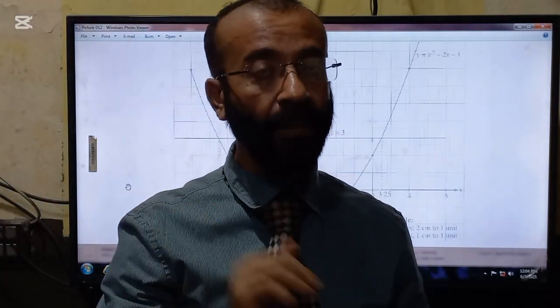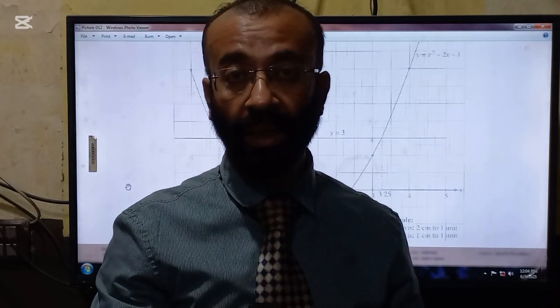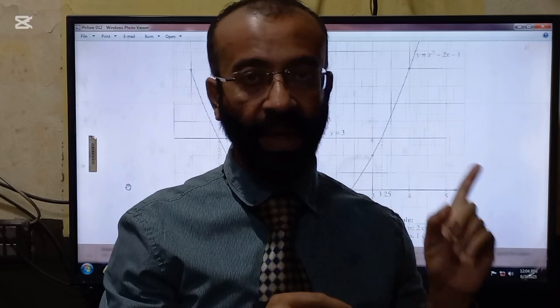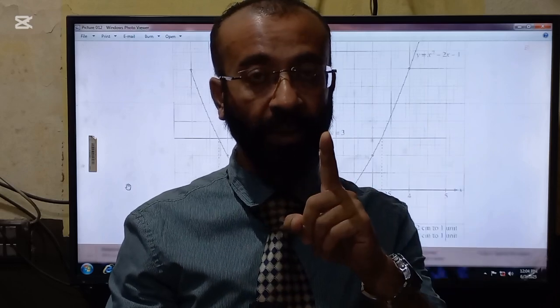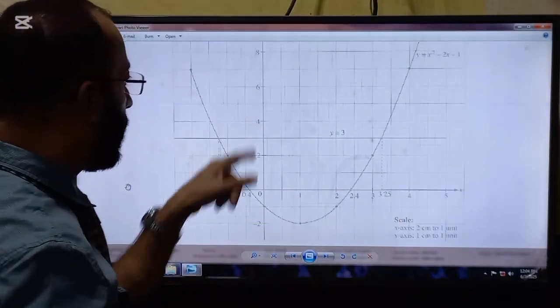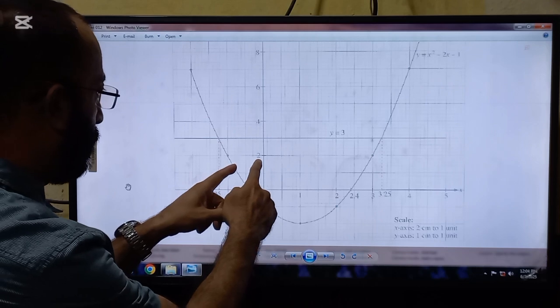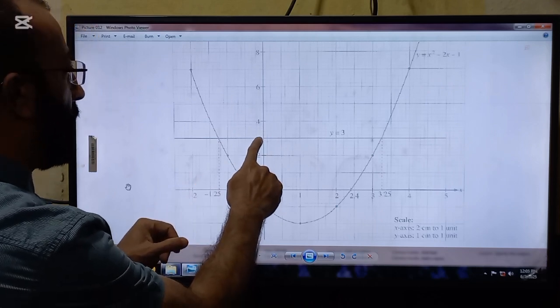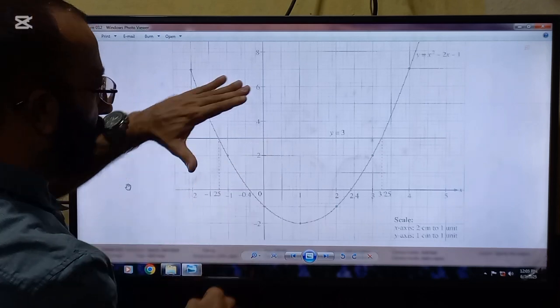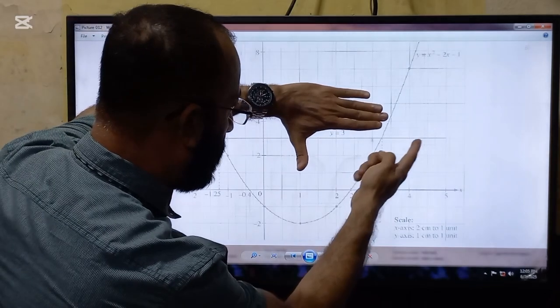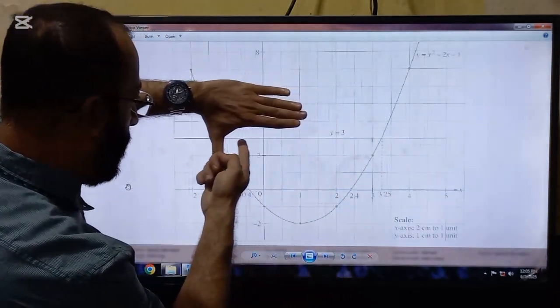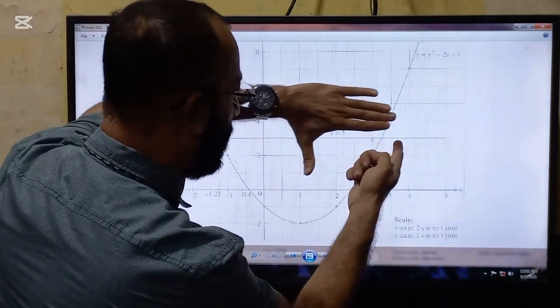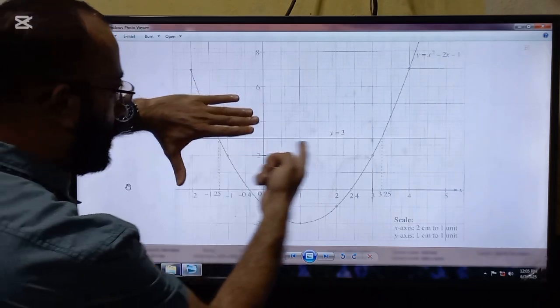And in the second part, y was equal to 3. So now we will locate the point y is equal to 3 on the graph. So here is the point, that is y is equal to 3. We will use a scale and draw a line on the graph paper, and we will intersect our curve.